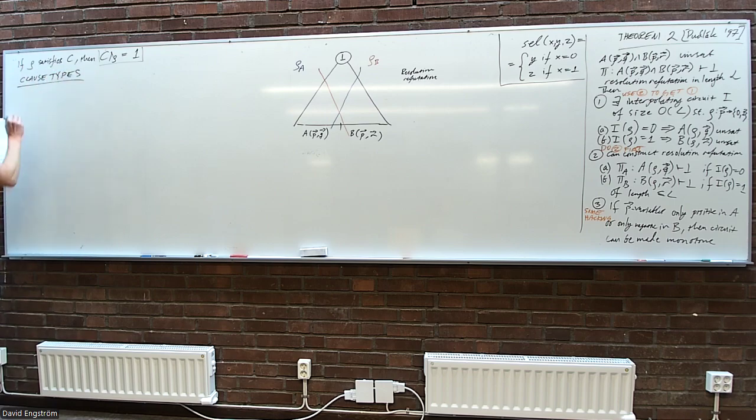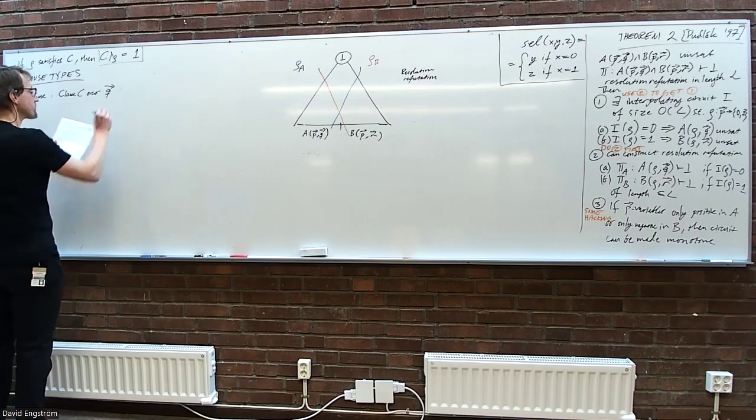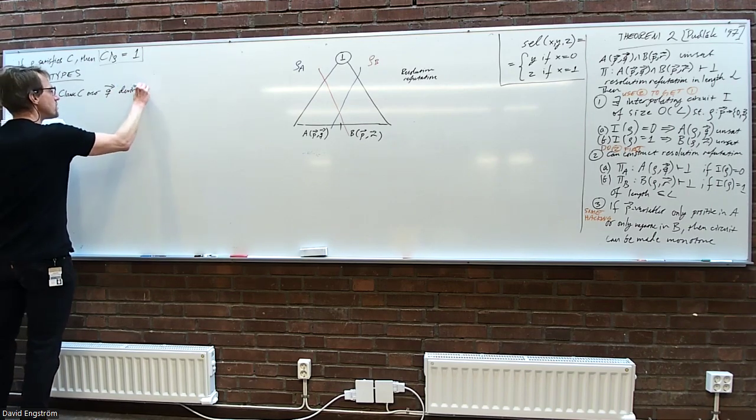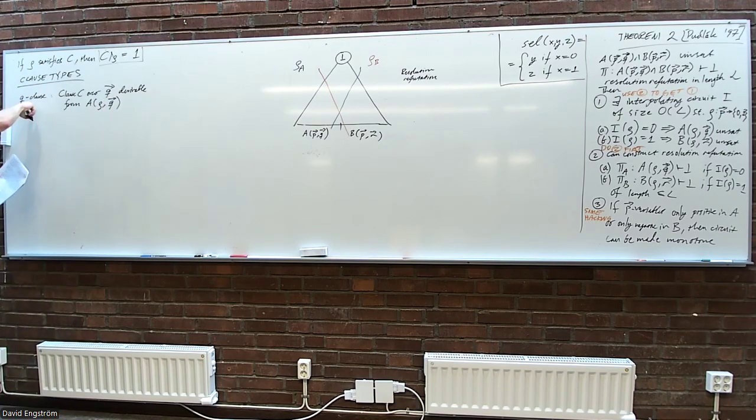We will have clause types. A Q clause is a clause C over Q variables only, and it is derivable from A rho Q. Okay? A Q clause is any clause that only contains Q variables and is derivable from the A part of the formula when I plug in rho instead of P. So from now on, we're going to think of rho as being fixed.